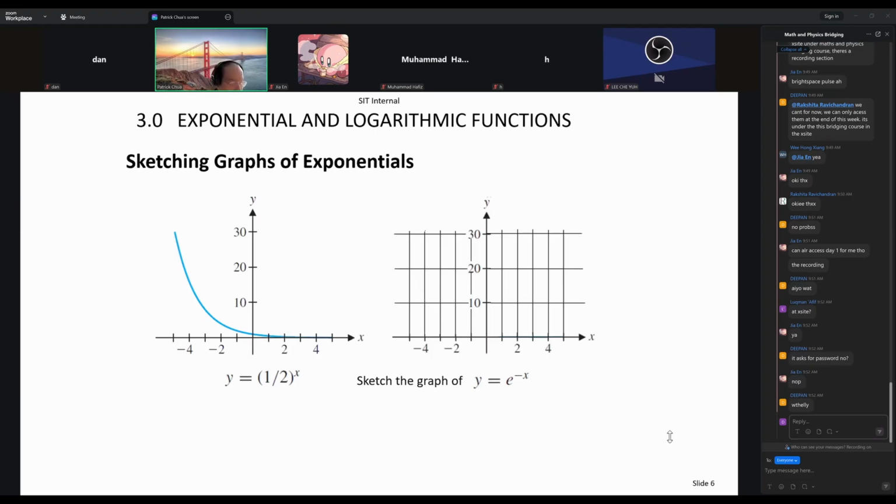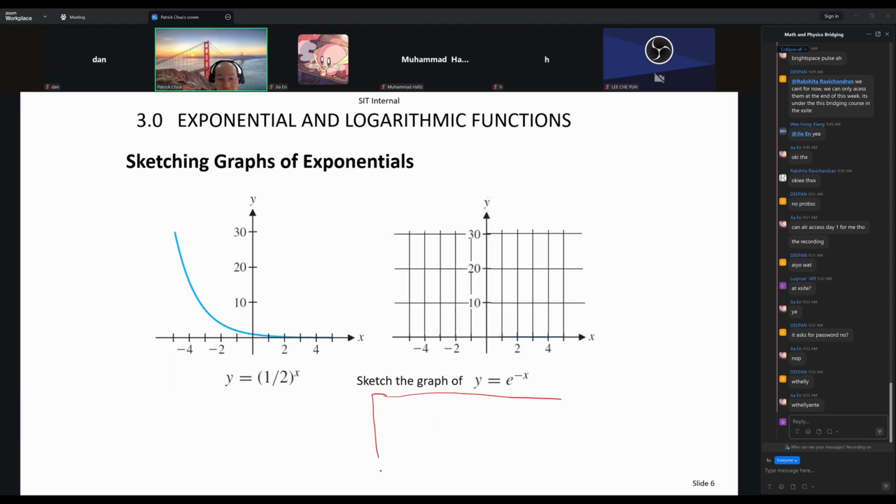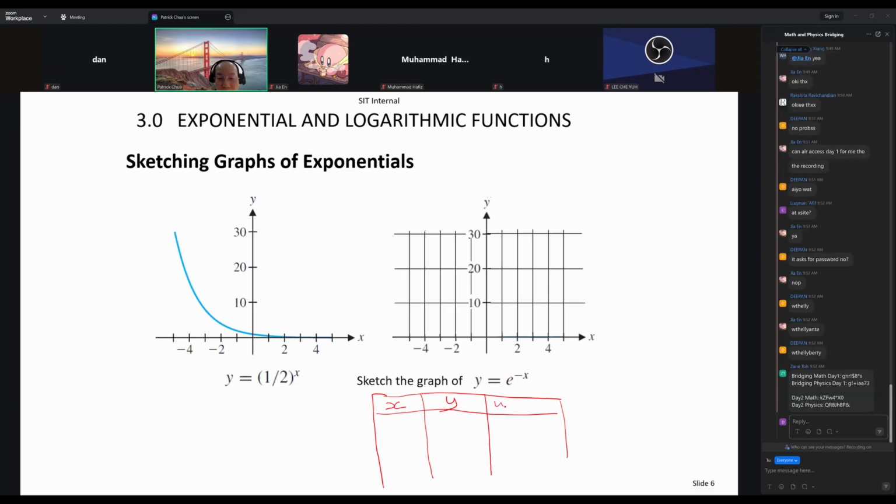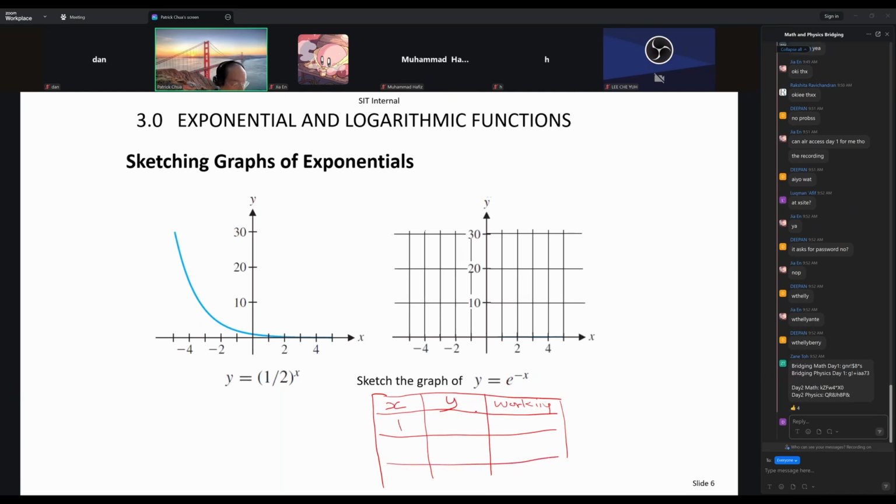Of course, if you were to sketch it out, normally you would just put in some values. You have an x column and a y column, and you work out the result. For example, when x is equal to 1, what will y be?